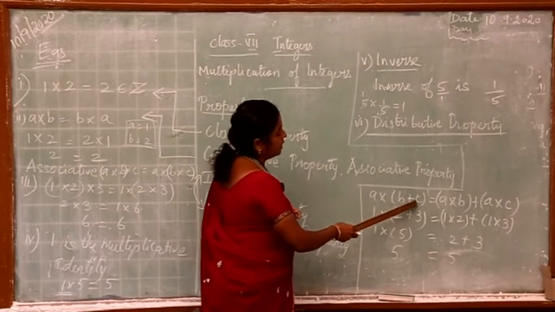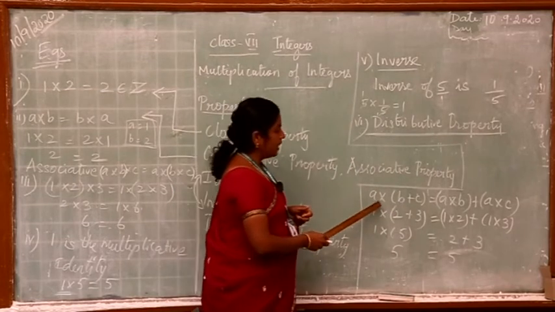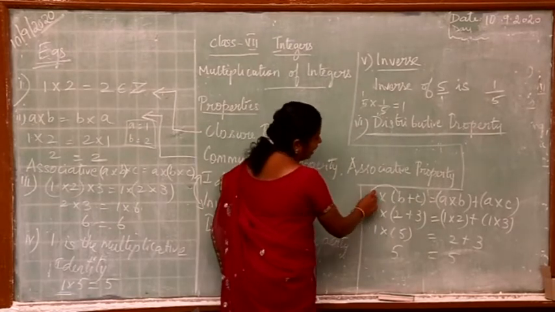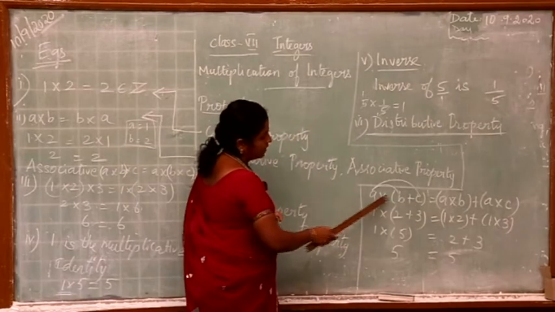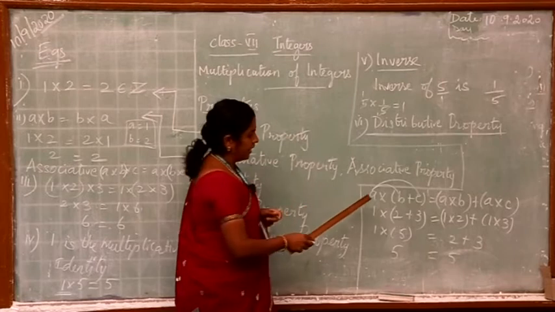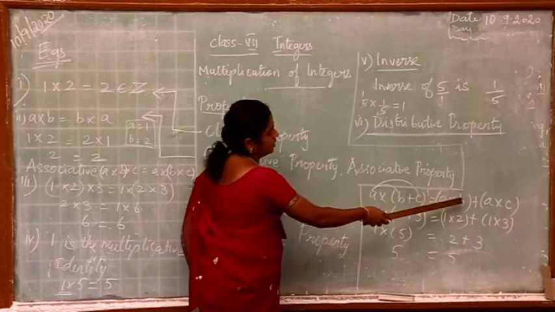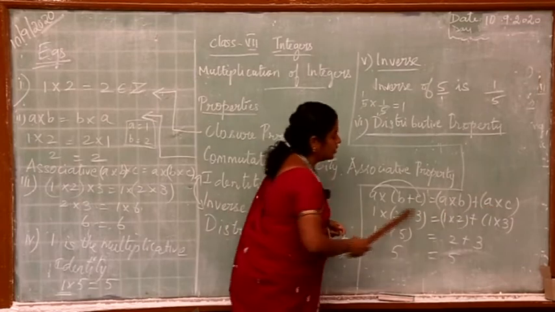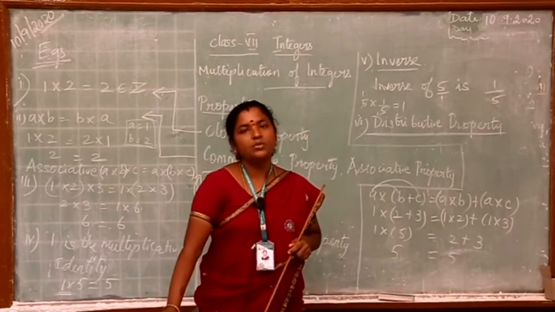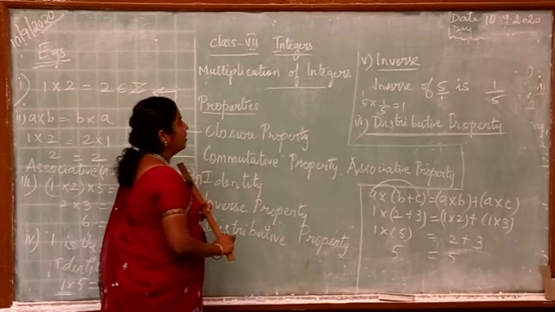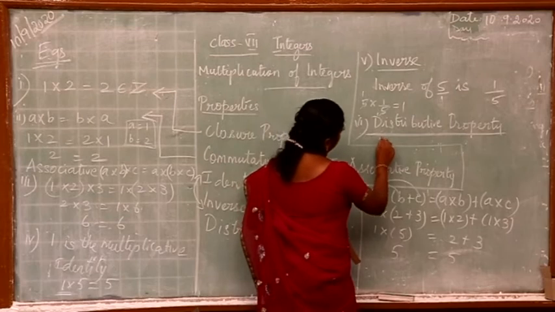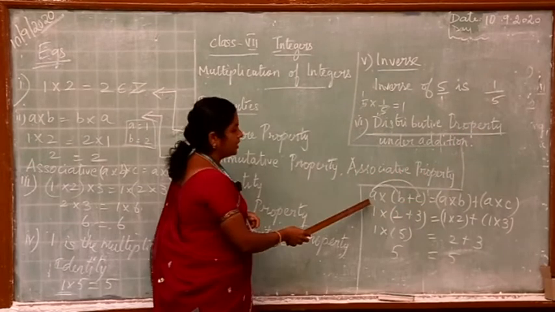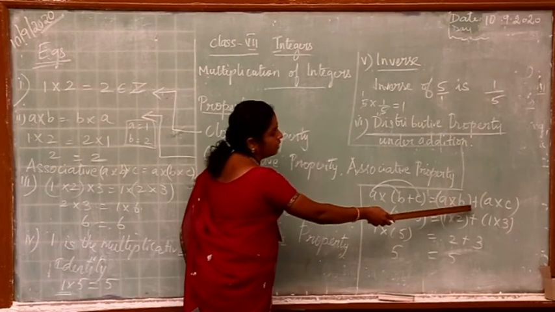A is multiplied with B plus C, A into (B plus C), which is equal to A into B plus A into C. We multiply A with B and also with C. You can see on the right hand side, there is a plus sign, and A is again multiplied with C. So, this is the distributive property under addition: A is multiplied with B plus C, which is equal to A into B plus A into C.